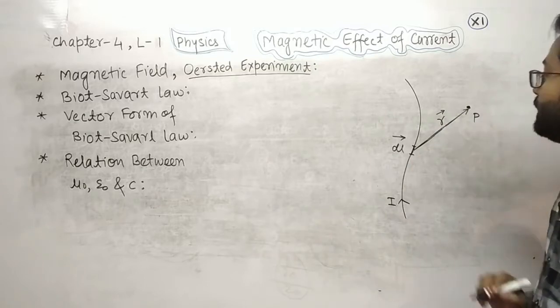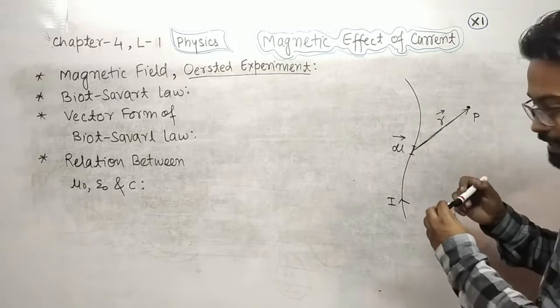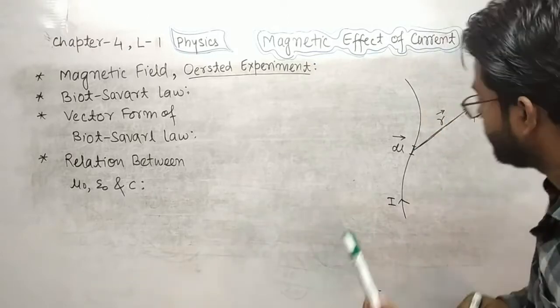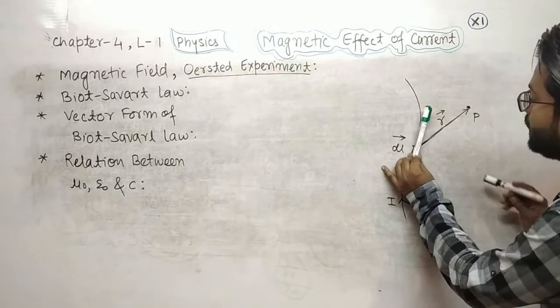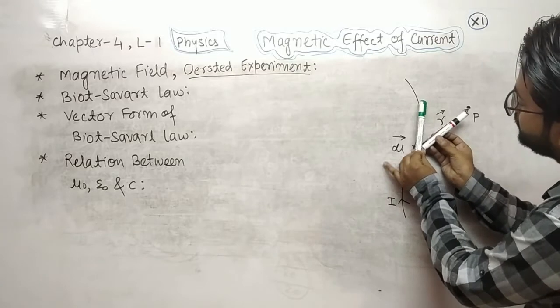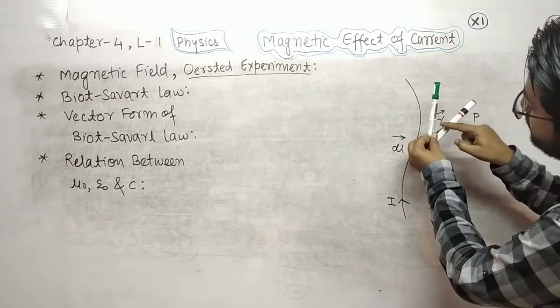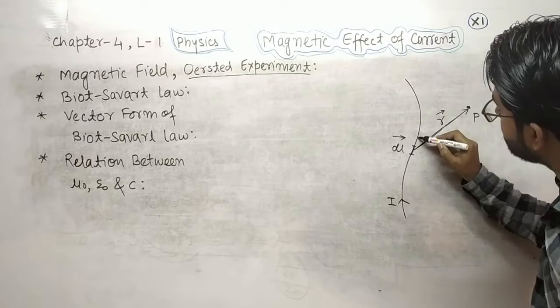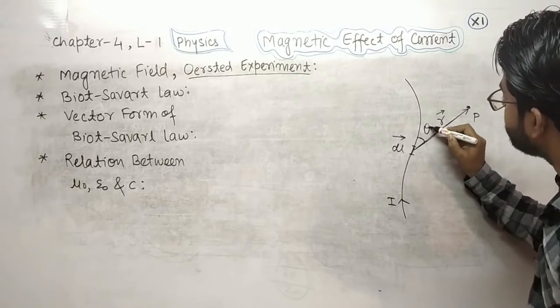Let us suppose this dl element vector and R vector make an angle theta.